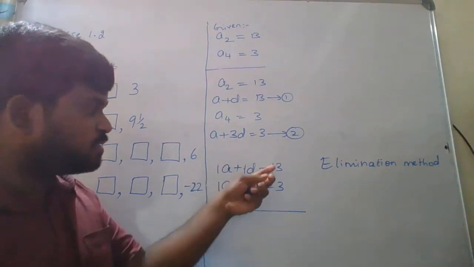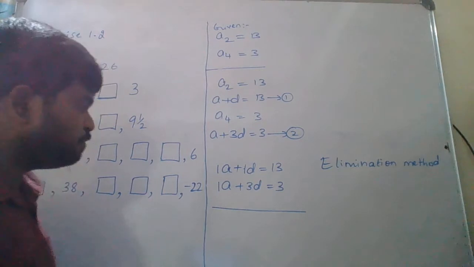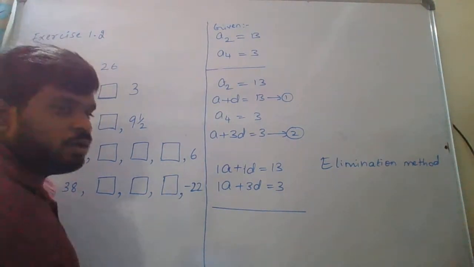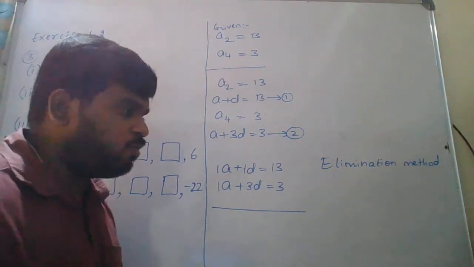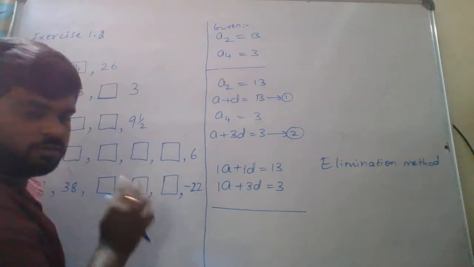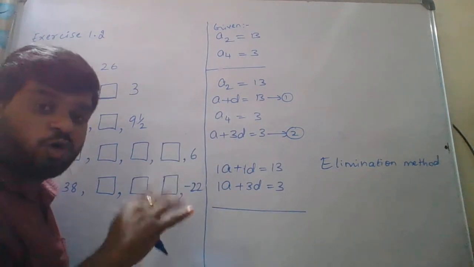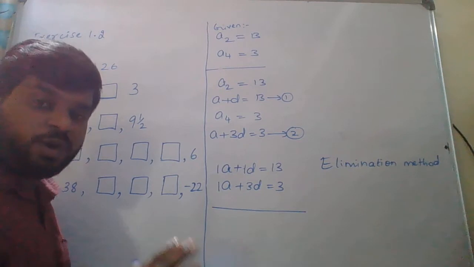That is the actual meaning. When I am subtracting, obviously I have to change the sign. To make it simple, if both have got same sign, change the sign. If both have got different sign, don't do anything, proceed.